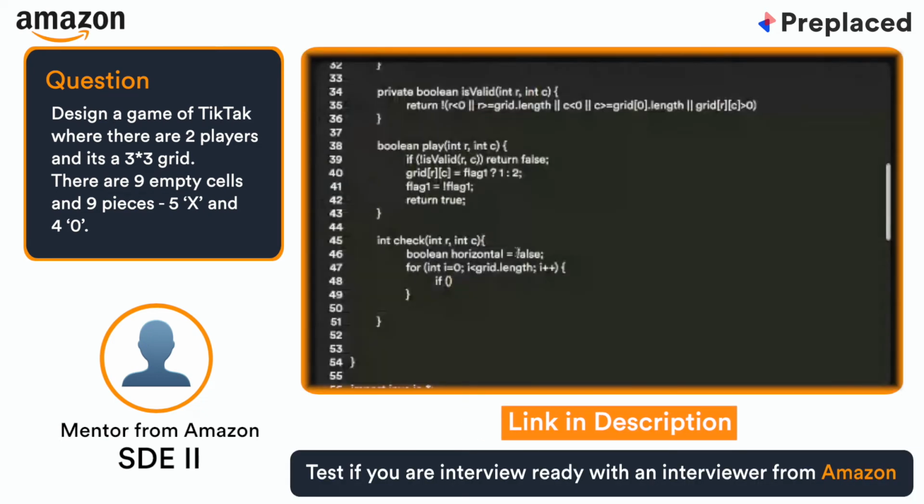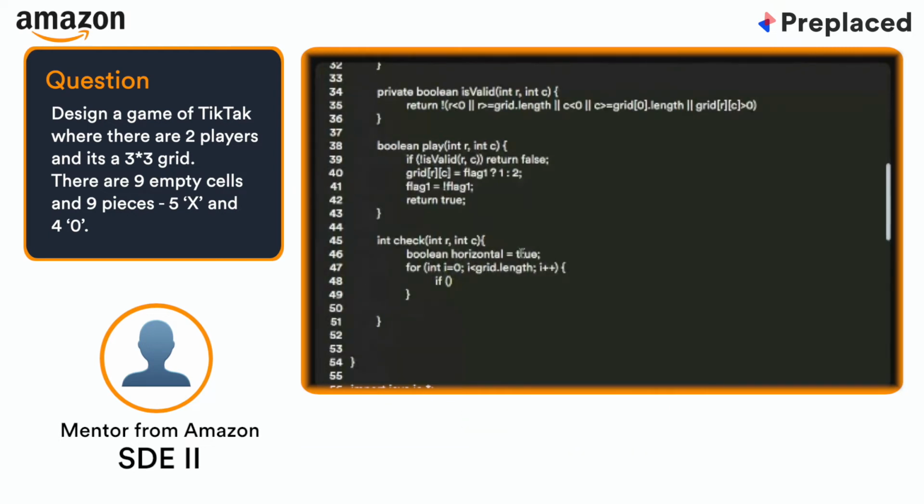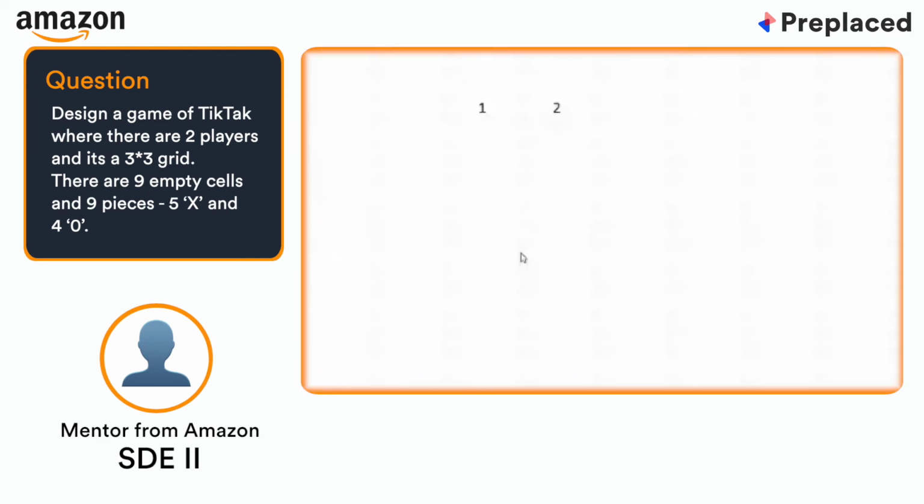So initially I will be assigning my horizontal to be true. Now I will be going from 0 to that particular length. Then I will say if my grid at index row and i is not equal to my grid at index r comma c, what this means is I have here x and I have here o, so this particular scenario is not valid.